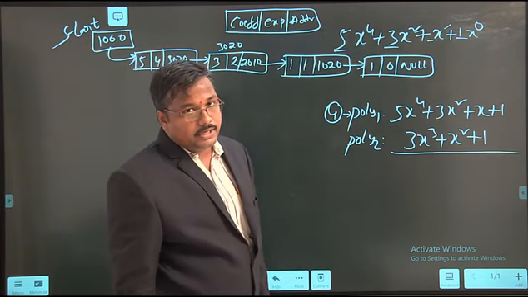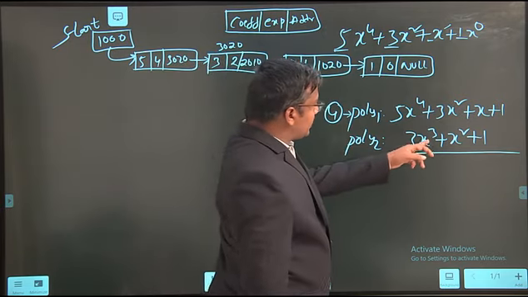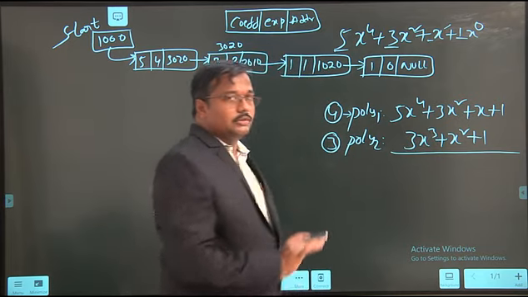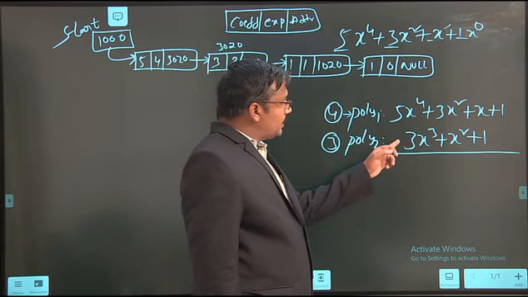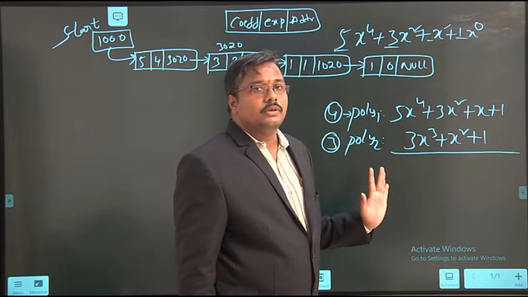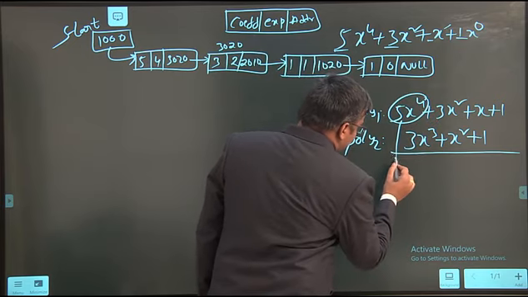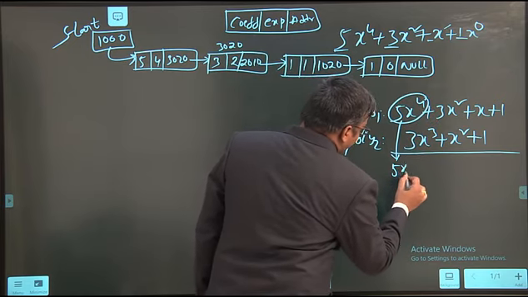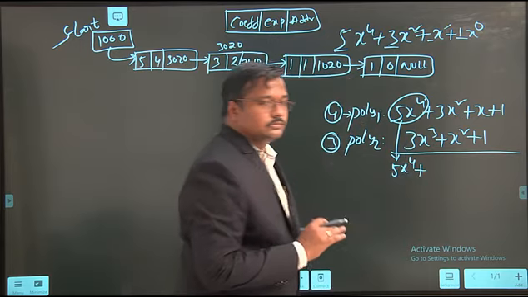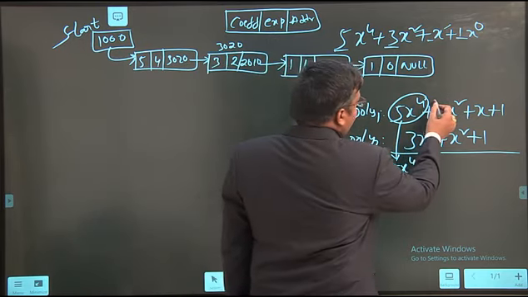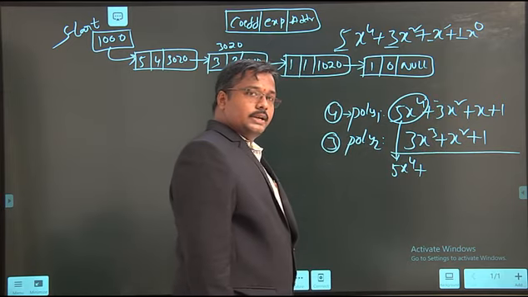In the second polynomial, the highest degree is 3, so this is a third degree polynomial. Here the fourth degree term is not present in the second, so what we have to do? Simply copy this value as it is into the resultant polynomial.